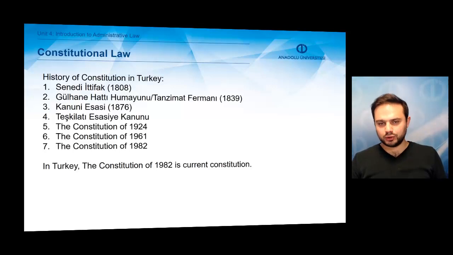Gülhane Hattı Hümayunu, or also known with Tanzimat Fermanı, in 1839. Kanuni Esasi, Teşkilat-ı Esasiye Kanunu, the Constitution of 1924, the Constitution of 1961, and the current Constitution of Republic of Turkey is the Constitution of 1982.